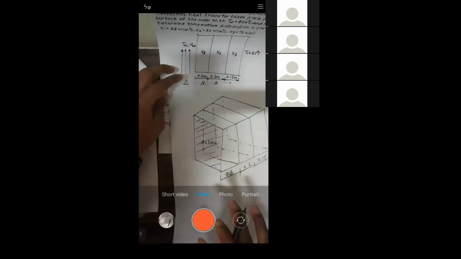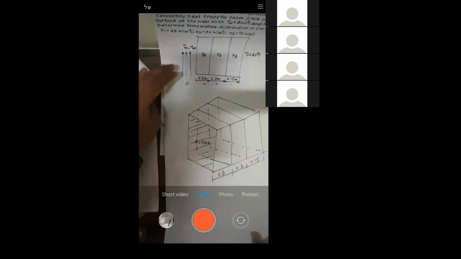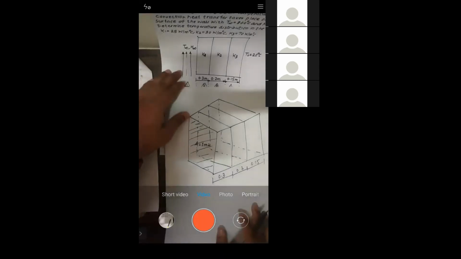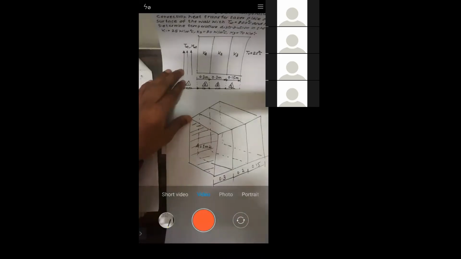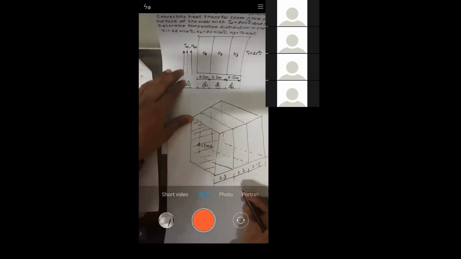I think Fourier's law of heat conduction is not clear to you. The rate of heat transfer is directly proportional to the area perpendicular to the path of heat flow, and to the change in temperature with respect to distance. Yes or no?